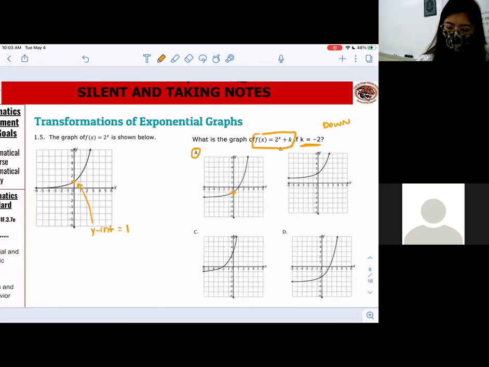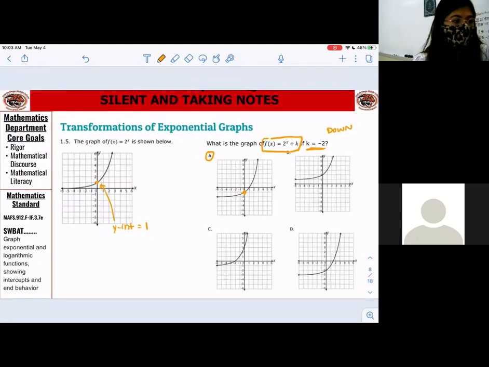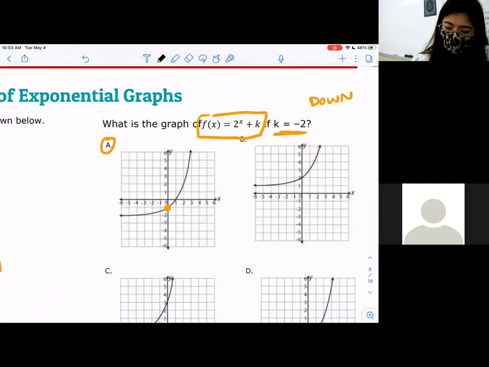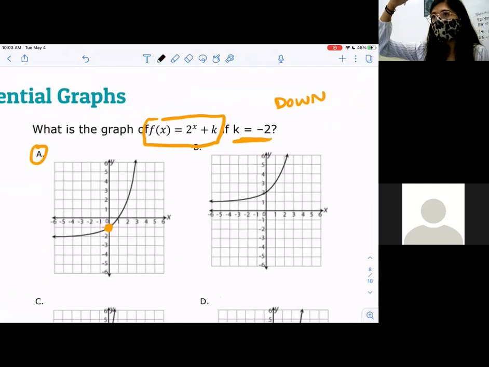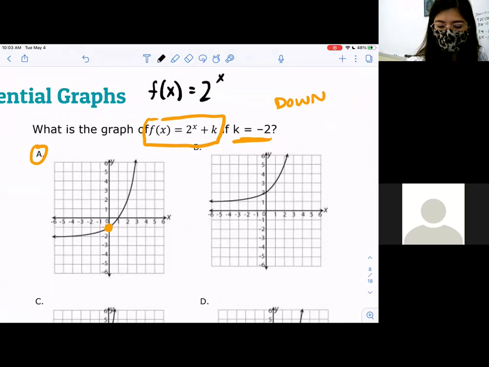So let's quickly review this because it does come up pretty often. What's happening is that k is going to move your graph downward. And this equation says k equals -2. So this equation would be 2 to the power of x minus 2.